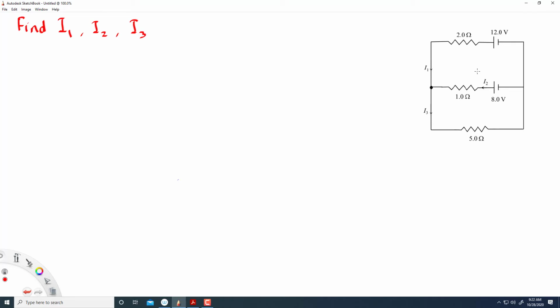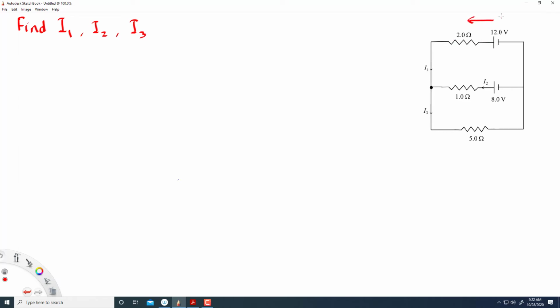First step, choose the loop, choose the path, or choose the signs. Let's choose the signs first. This current is going down. Throughout this wire, the current is I1, and it's going this way.